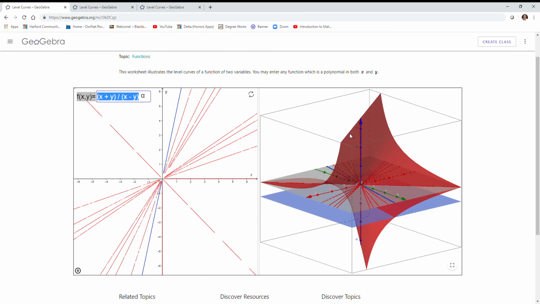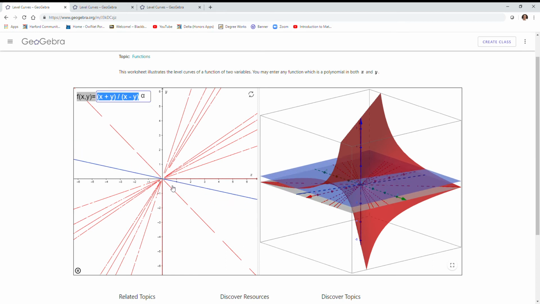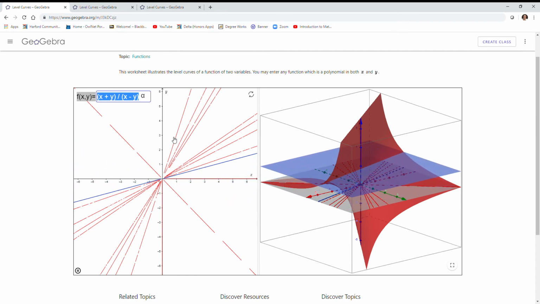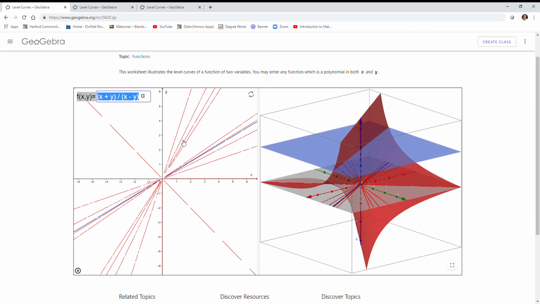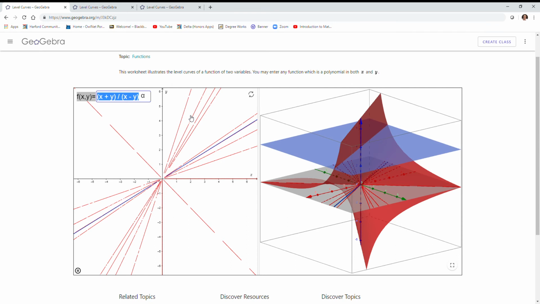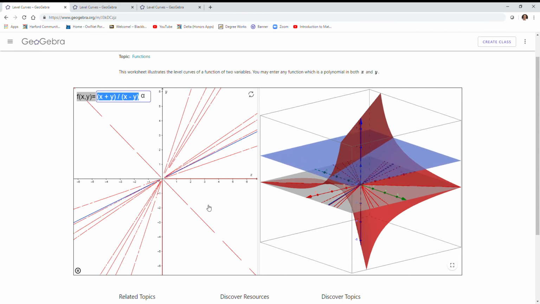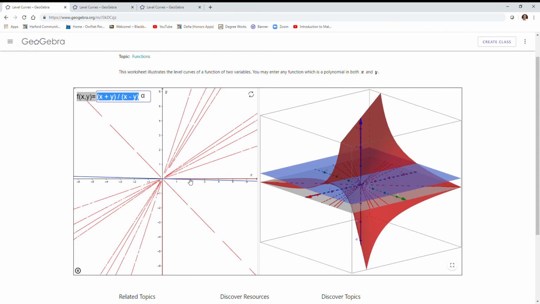And the 3D graph of this doesn't look all that pretty. What you'll notice, though, is that we do indeed have these values right here that look like they're going to be the lines of the level curves. Now, it does seem that there are some spaces in these level curves.